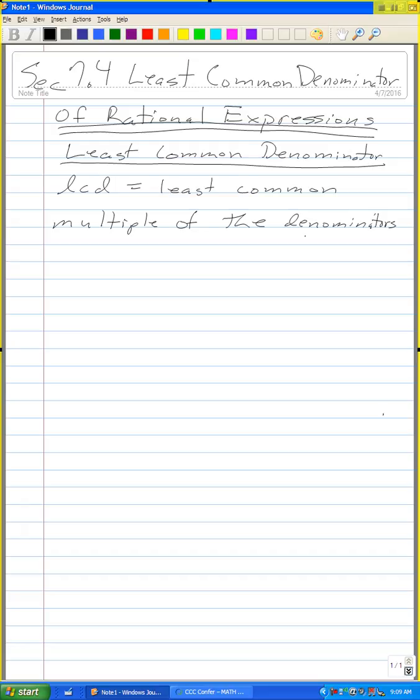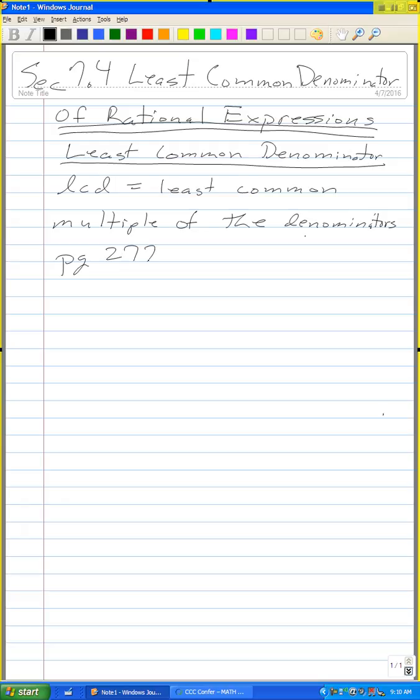So let me do some examples. It turns out that dealing with a variable will actually not be any more difficult, actually be easier than dealing with numbers. So let's do some examples. Page 277.